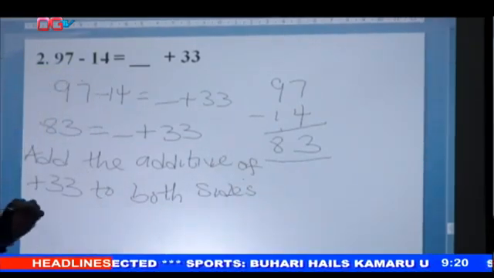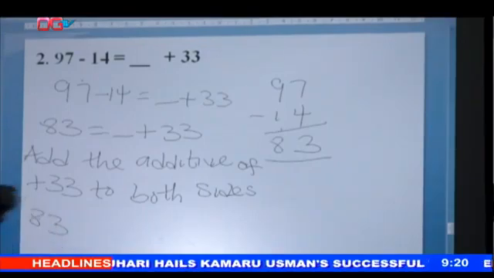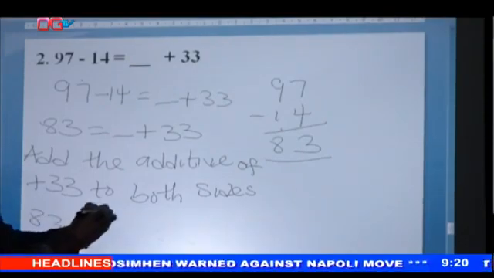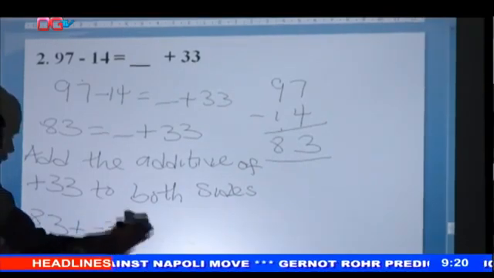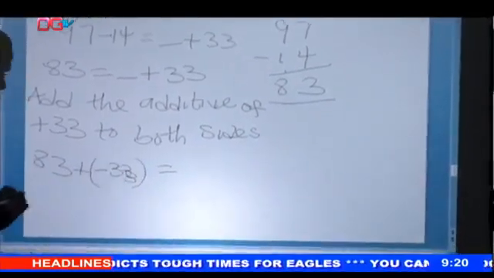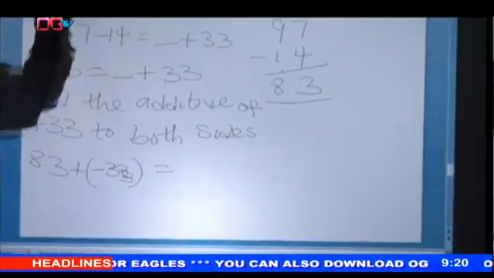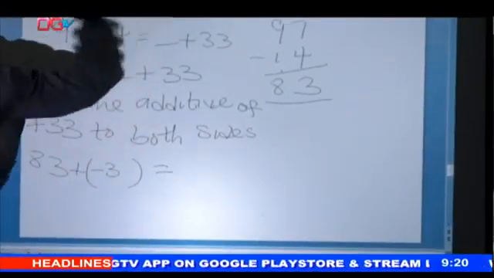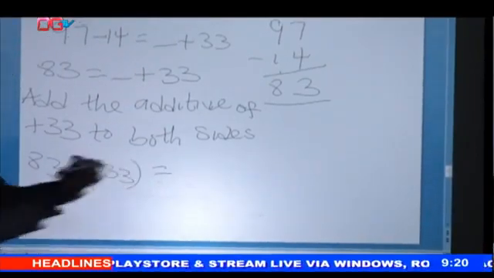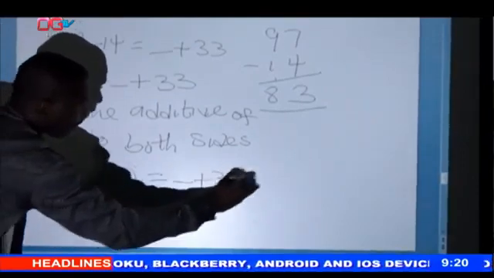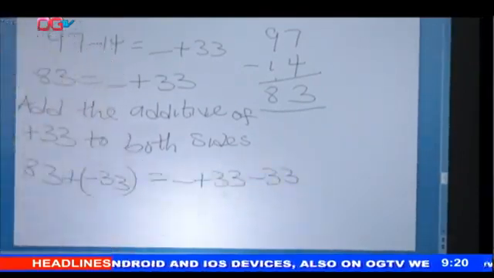What is the additive inverse of plus 33? Minus 33, of course. 83 plus minus 33 equals dash plus 33 minus 33.